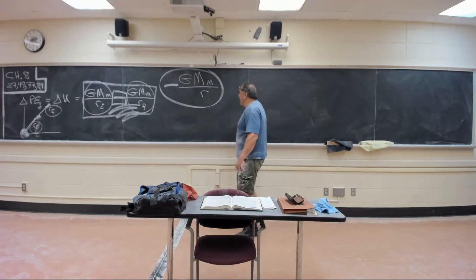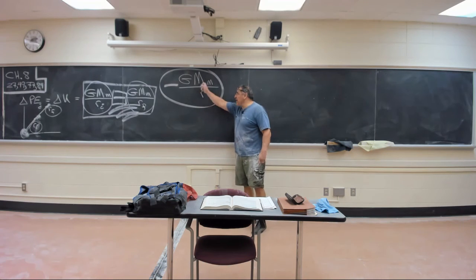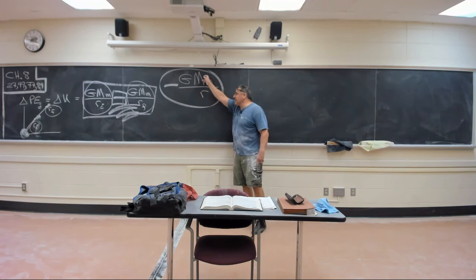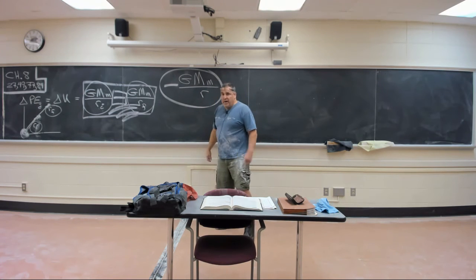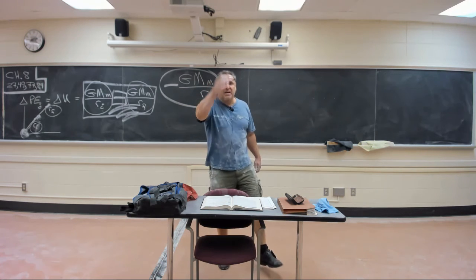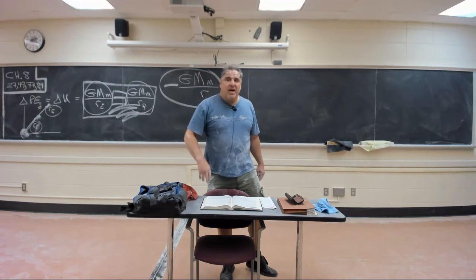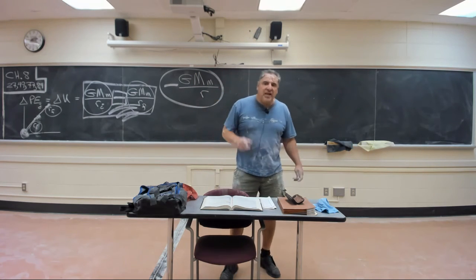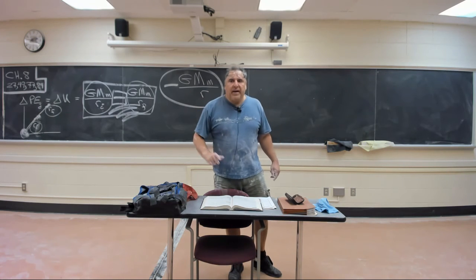If the distance between the two is very big, this constant divided by a huge number is close to 0. It's a non-zero number, but it's a negative non-zero number. It might be negative 1 billionth, negative 1 trillionth, negative 1,000th. Notice negative 1,000th is a bigger number than negative 1 millionth.